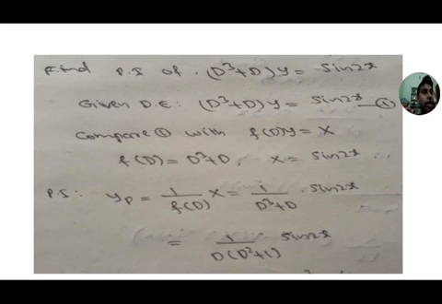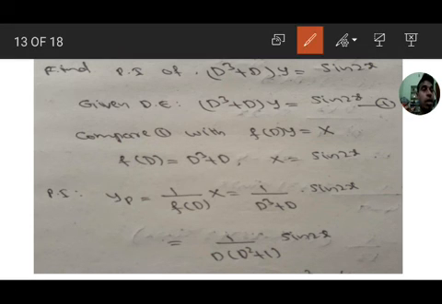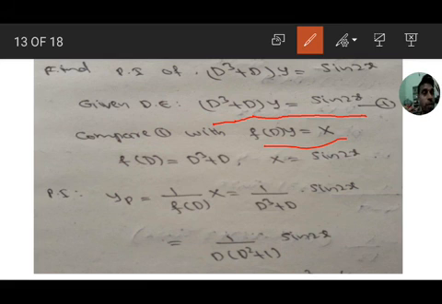Repeat. Here the given differential equation is (d cube plus d) of y equal to sin 2x. Comparing with the standard form f of d of y equal to capital X, we get f of d equal to d cube plus d, and capital X equal to sin 2x.